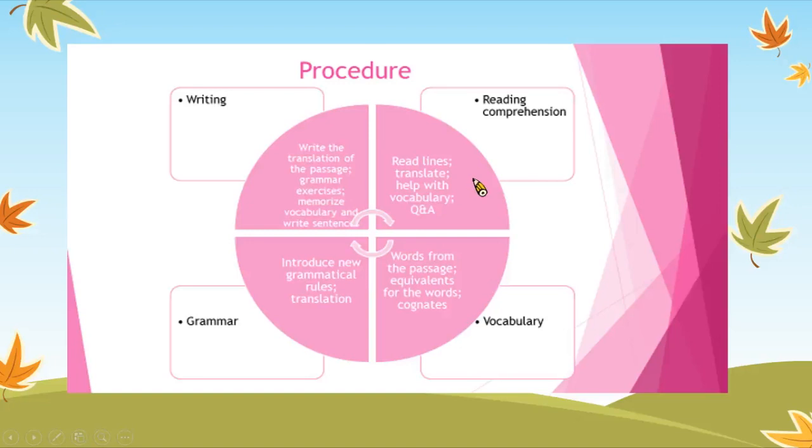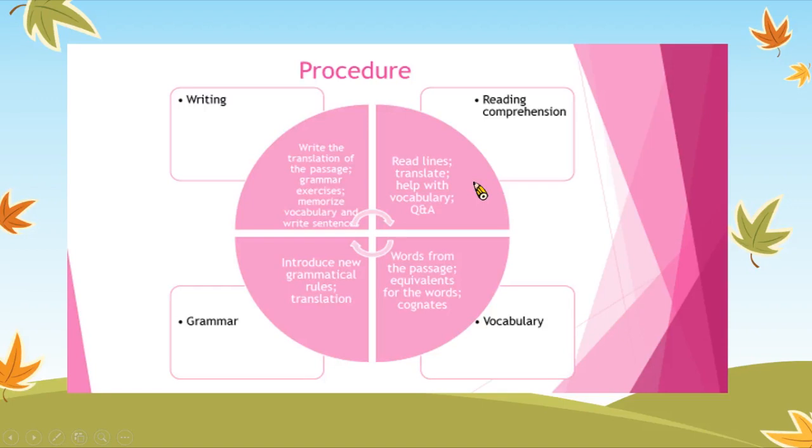In this stage, students will do a lot of translation exercises, because one of the goals of this method is to equip students with the ability to translate between the two languages, namely their target language and the native language.